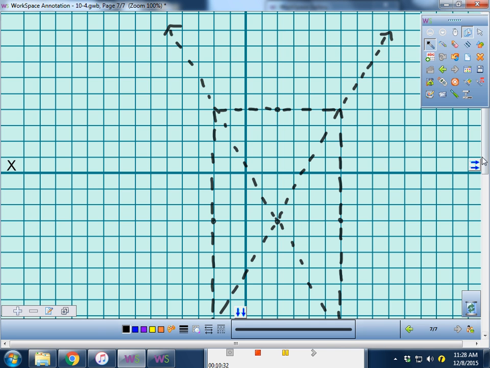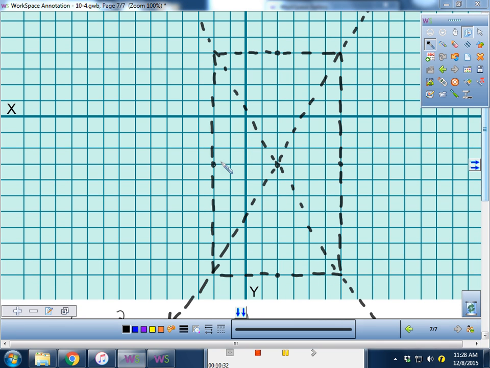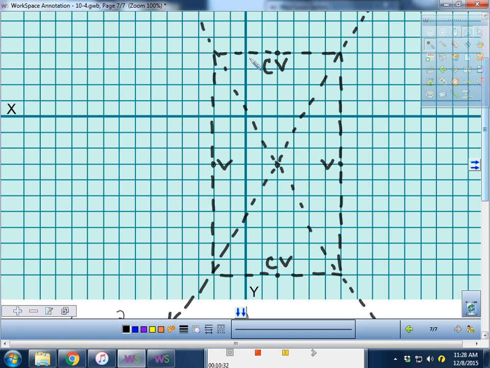Alright, we said this opens left and right, which means the sides will be your vertices, and the top and bottom will be your co-vertices. So you can go ahead and draw that in. So you start with your vertex here. This one's going to be a really wide one.